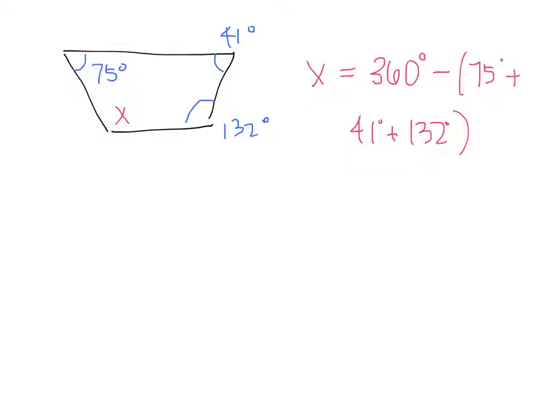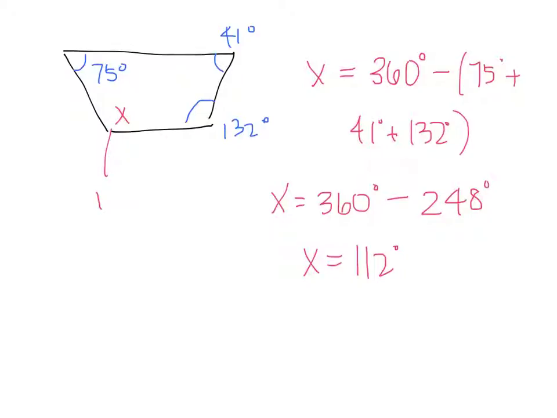Okay? So if I add up 75, 41, and 132, I get a total of 248 degrees. So I'm going to take 360 minus 248 degrees, and that will give me 112 degrees. So the missing angle measure over here is equal to 112 degrees.